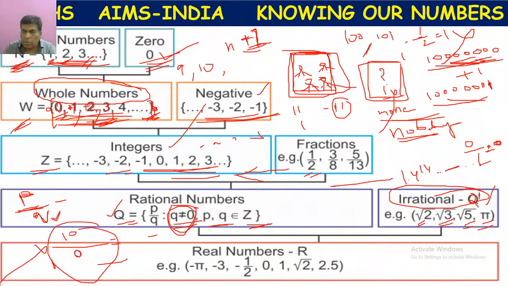Rational numbers and irrational numbers together we call real numbers. All the numbers we have discussed belong to real numbers.